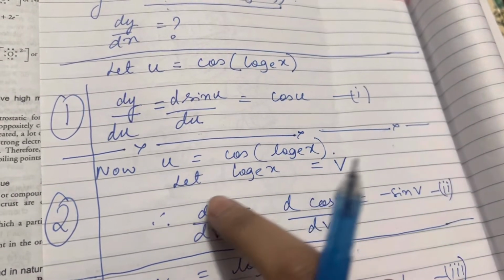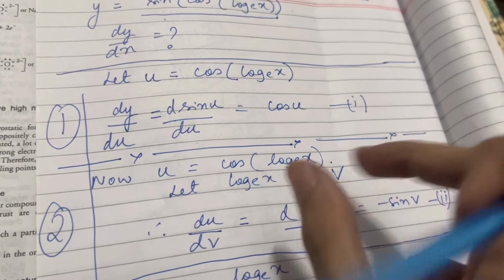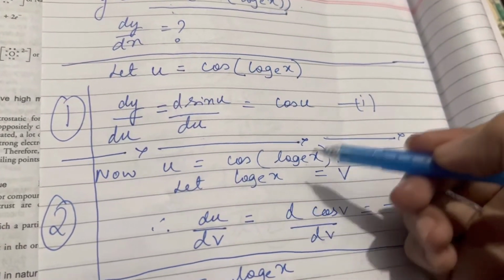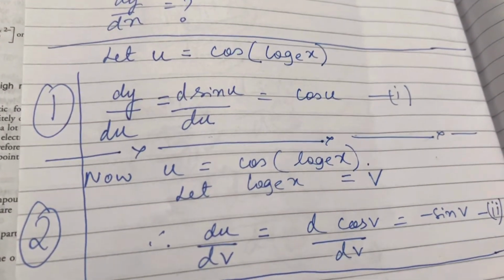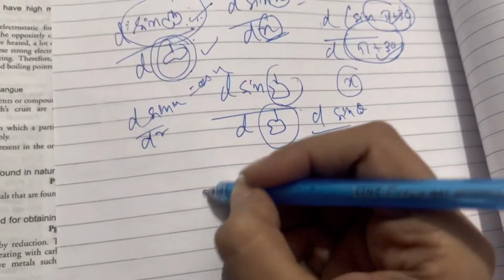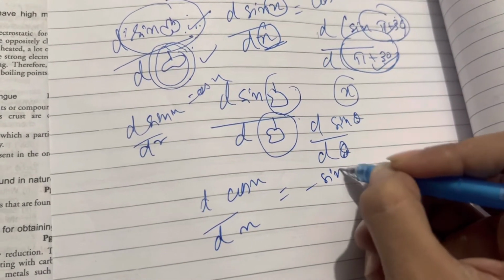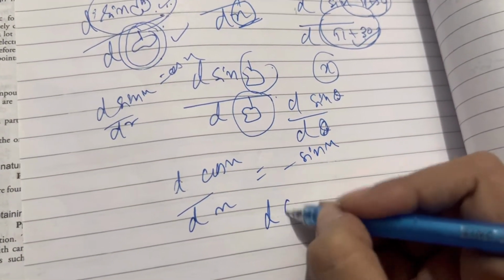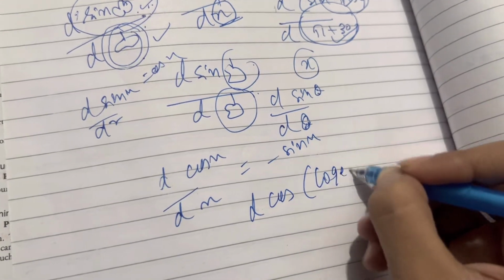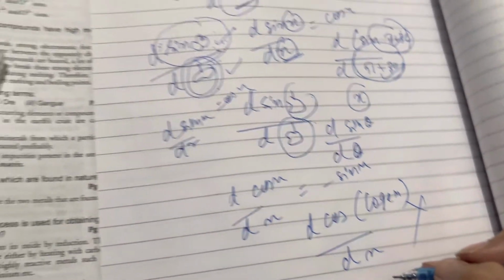So again, we consider this log x as v. If it was directly cos x, you could have directly found that the derivative of cos x is minus sin x. But the question is not the derivative of cos x, it's the derivative of cos log x. So with respect to x, you will not definitely get any answer.